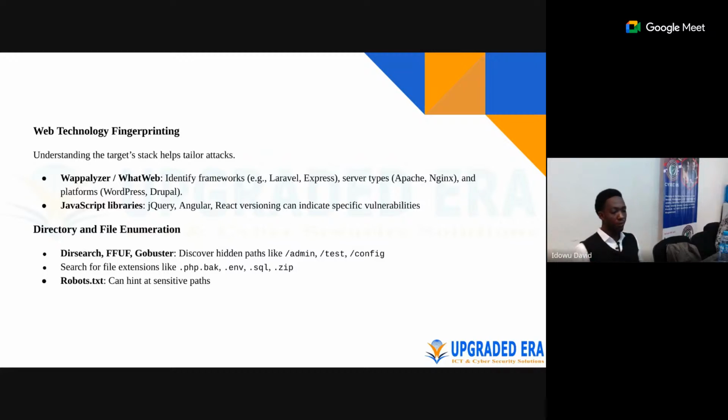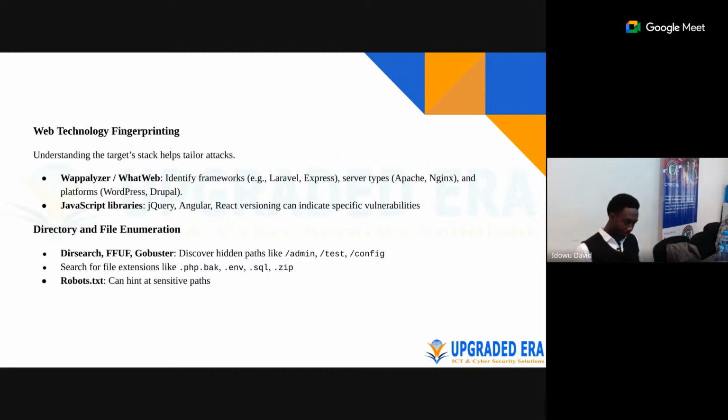You don't have to find out these things yourself. By simply loading the application in the browser, Wappalyzer can help you identify the framework, so you know the application you're working with uses Laravel or Angular or whatever the case is.